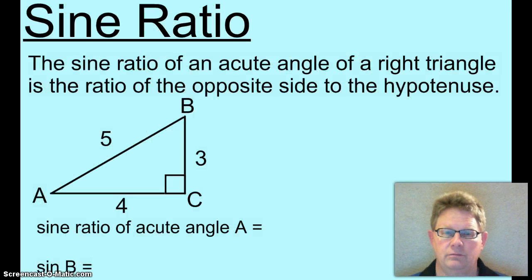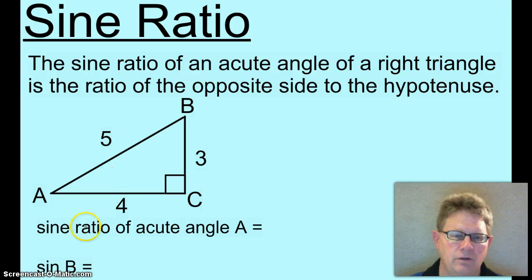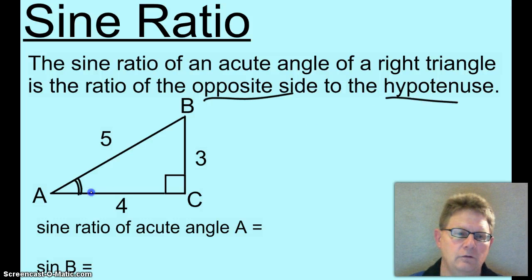The sine ratio. Go ahead and write that down. Draw the picture, and then we'll talk about the sine ratio. Now that you've got that written down, let's talk about the sine ratio of acute angle A. Looking at angle A, the sine ratio is the opposite side over the hypotenuse.